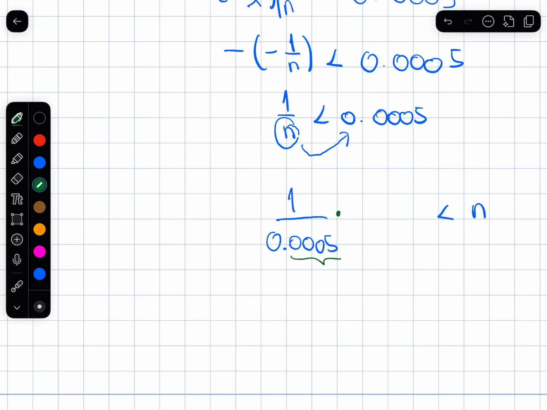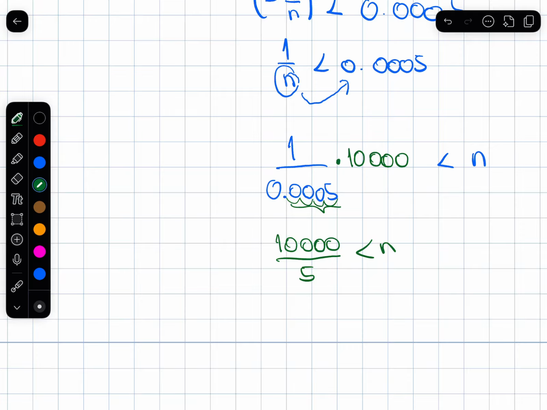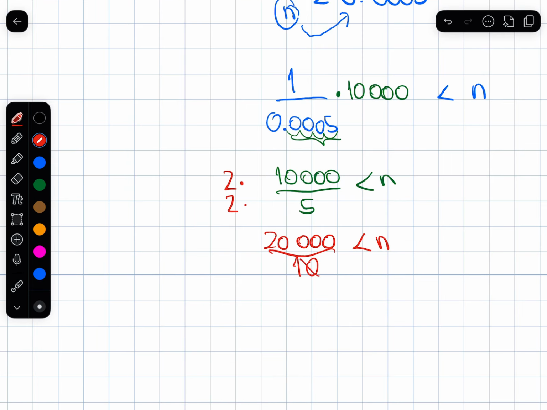I like to multiply by 10,000 because I want to move the decimal place away. So I need 4 zeros to do that. So that's 10,000 divided by 5, less than n, right? And then maybe I can double the fraction top and bottom to get 20,000 over 10, and dividing by 10 is fine. So I get 2,000.